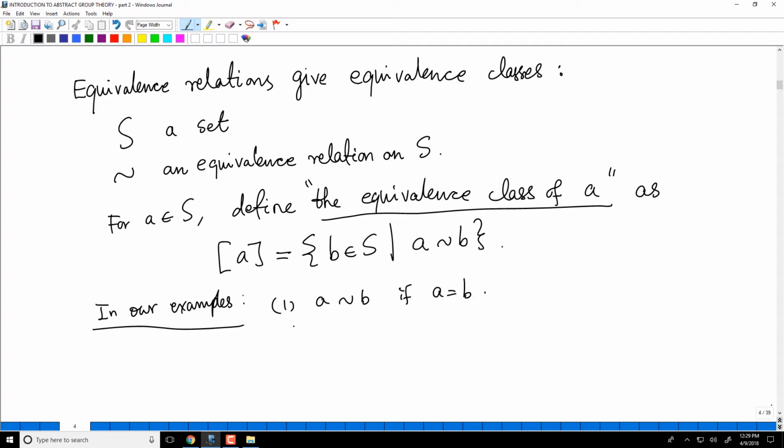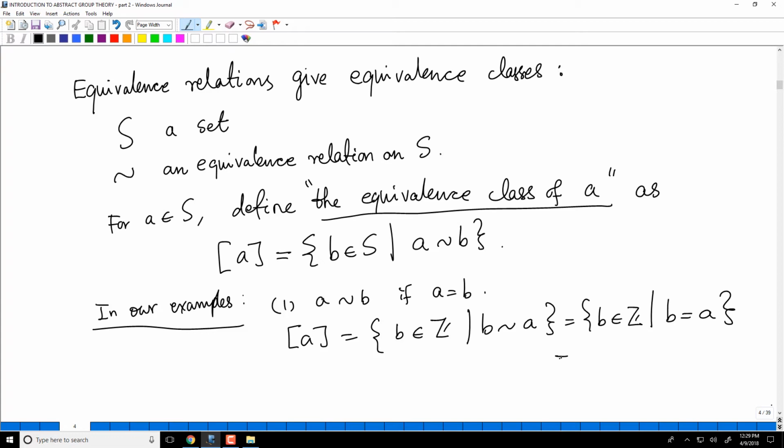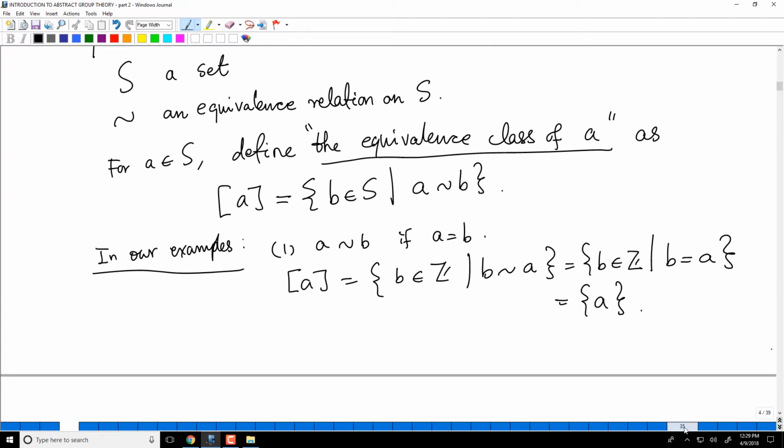In this case, the equivalence class is all elements b in Z such that b is equivalent to a, but this is the same as b equal to a, so that is just nothing but a. So in this case, the equivalence class is just the singleton set.